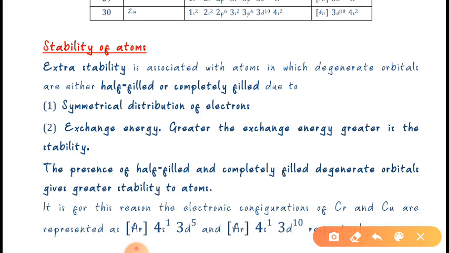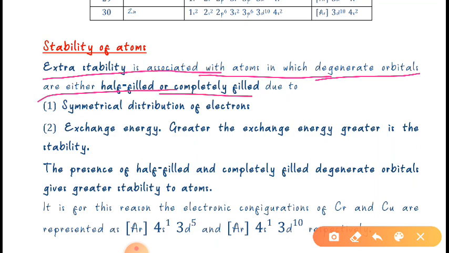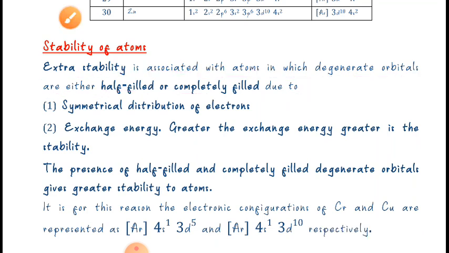When we talk about the stability of atom, extra stability is associated with an atom in which the degenerate orbitals are half filled or completely filled. Which atom will be more stable? I will give you one example.